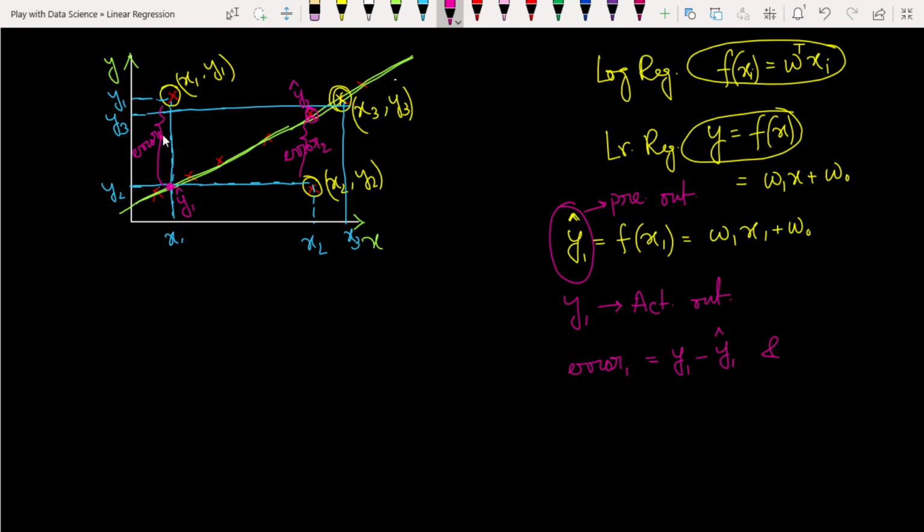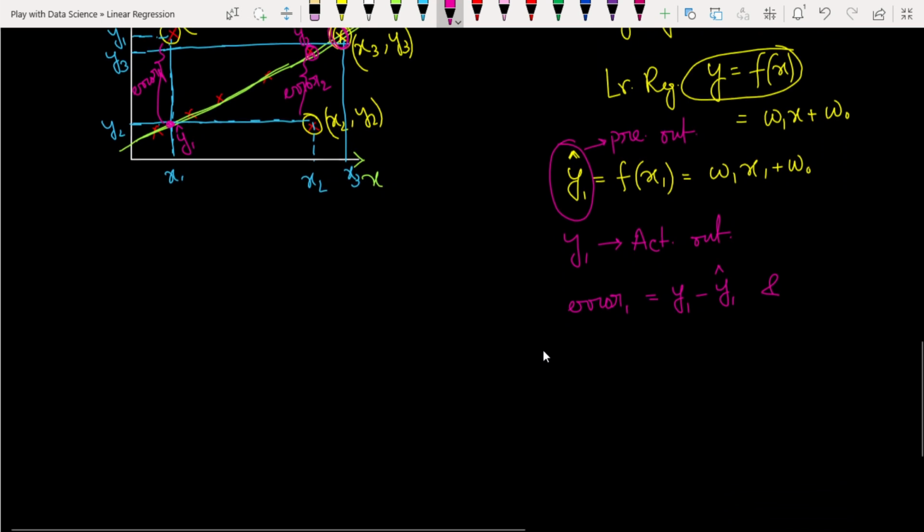And here y3 predicted, y3 hat, equals our y3, for this point.